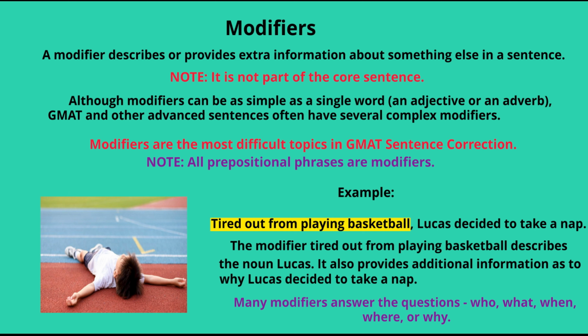It also provides additional information as to why Lucas decided to take a nap. Why did he take a nap? Because he was tired, right? He was tired out from playing basketball. Many modifiers answer the questions who, what, when, where, or why. So you have adjective modifiers, adverbial modifiers. We'll see that in the later part.